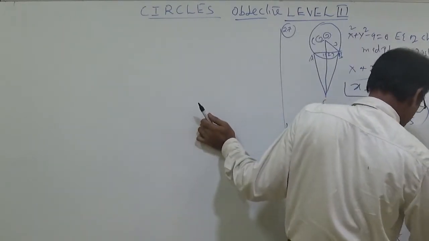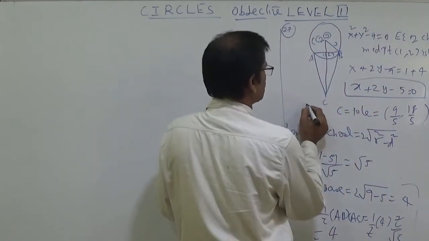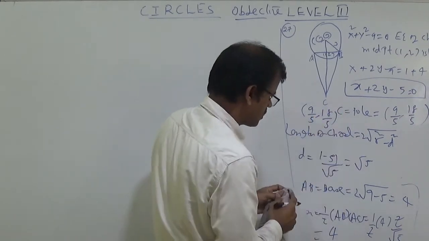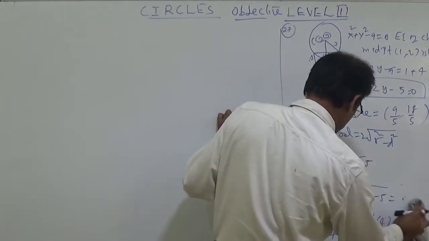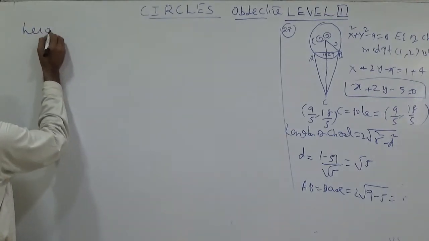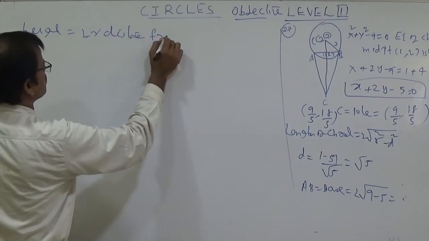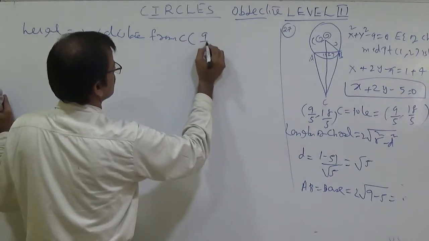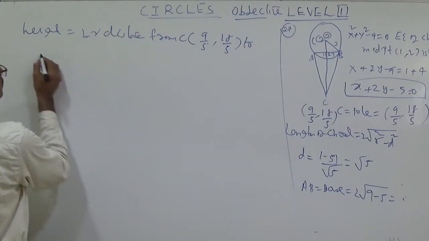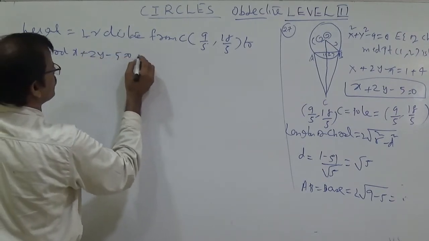The height is the perpendicular distance. If we calculate, the height is the perpendicular distance from the point C, 9 by 5 comma 18 by 5, to the chord x plus 2y minus 5 equal to 0.